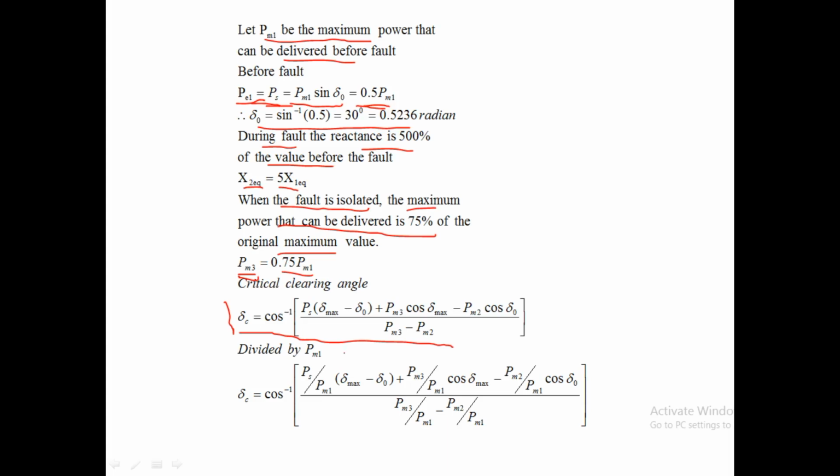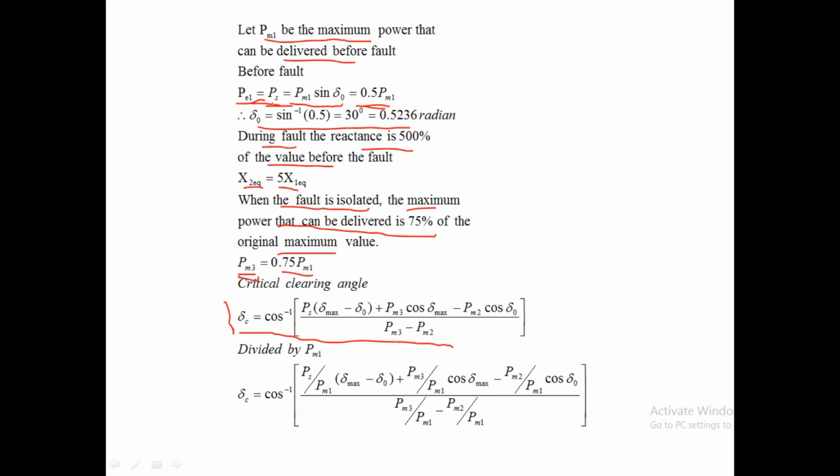So what we are doing here is dividing this equation by PM1. Every term is divided by PM1: PS by PM1, PM3 by PM1, PM2 by PM1. If every term is divided by PM1, there will not be any change, since the numerator and denominator are both divided by PM1. Now we have to find each of these.